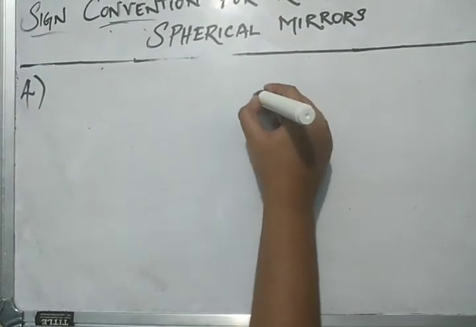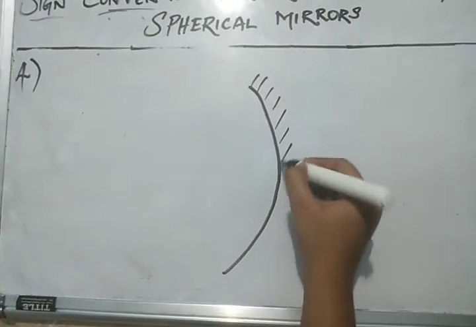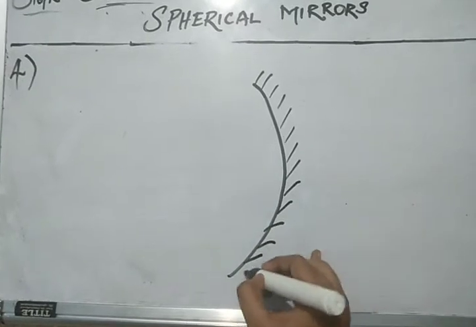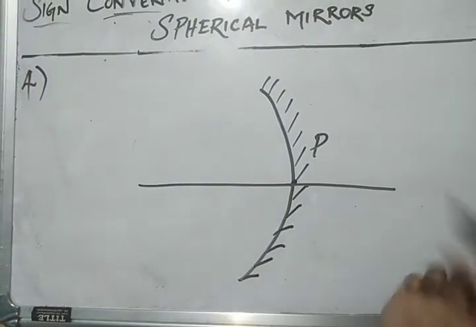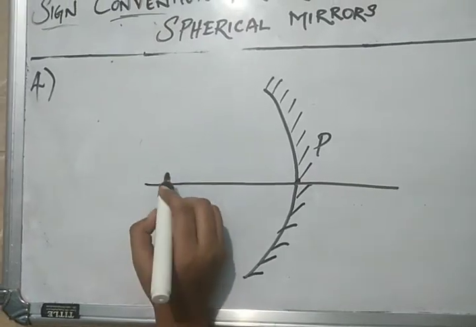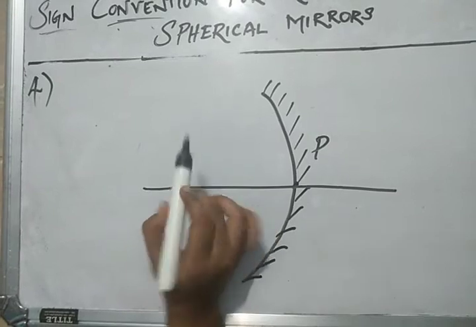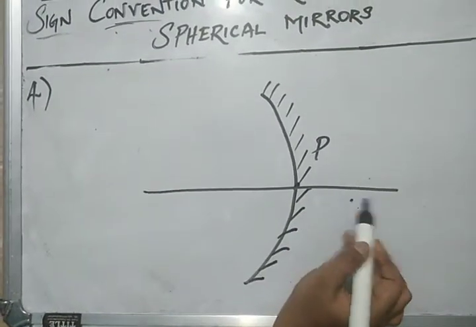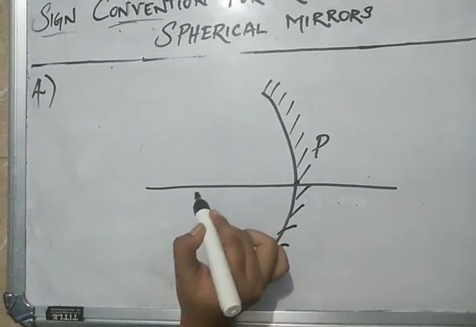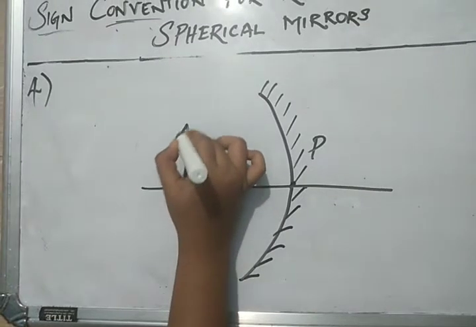Let this be the spherical mirror. I take a concave mirror again. Pole, principal axis. And then I take some object. I will take an object that is perpendicular to this principal axis and it is above the principal axis, like this.